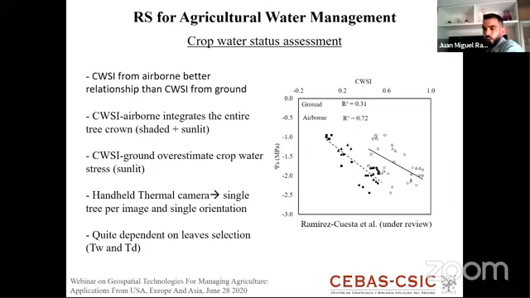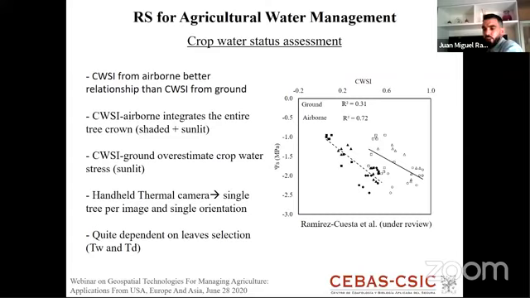Furthermore, using on-site references, particularly for obtaining the wet reference temperature, is a procedure that is very influenced by experimental errors.